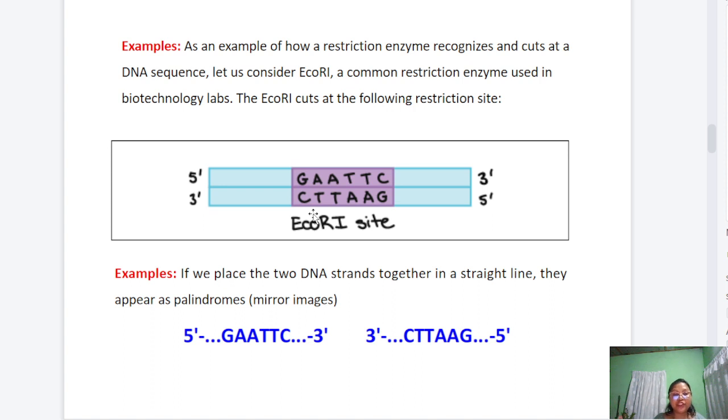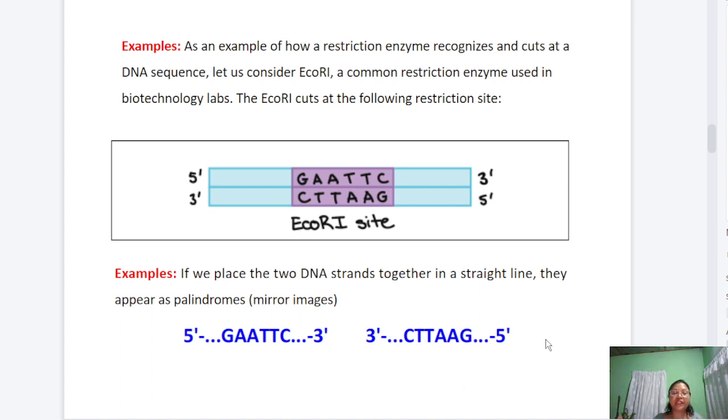For example, if we place the two DNA strands together in a straight line, they appear as a palindrome. Okay, so what is a palindrome? Palindrome sequences are mirror images of one another. So if you check here, 5' to 3', GAATTC, whereas 3' to 5', it is CTTAAG.